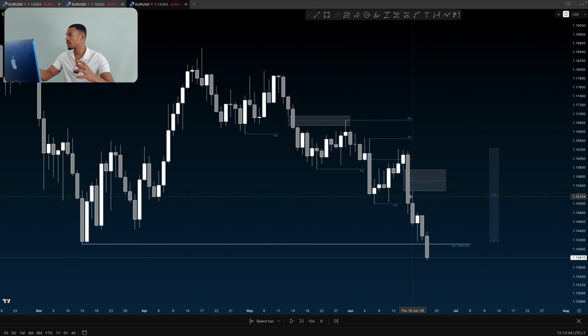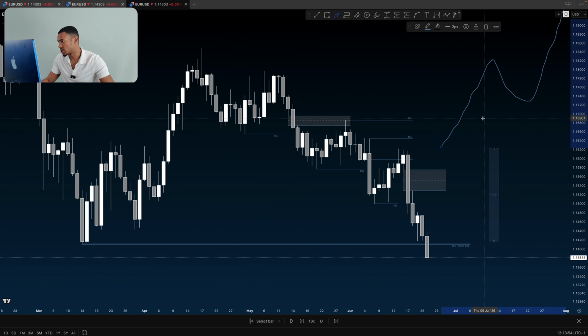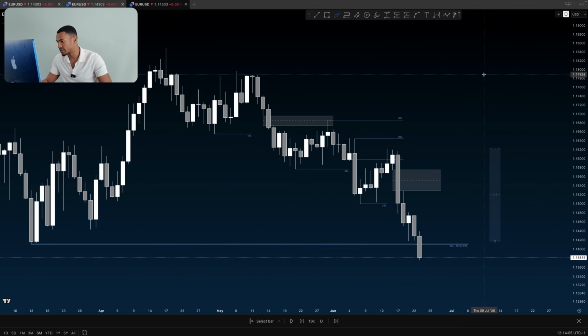The larger move is made up of the same move, but multiple times on a smaller perspective, right? So the move that you look at like this, which is higher high, higher low, higher high, is made up of higher high, higher low, higher high, higher low, and so on. It's fractals, patterns of self-similarity, right?